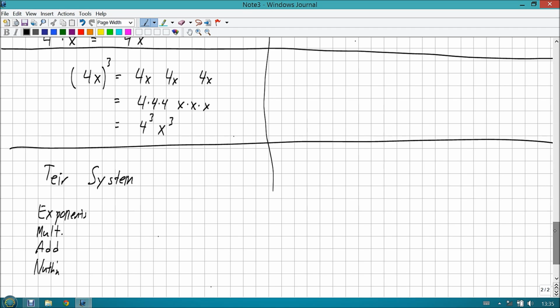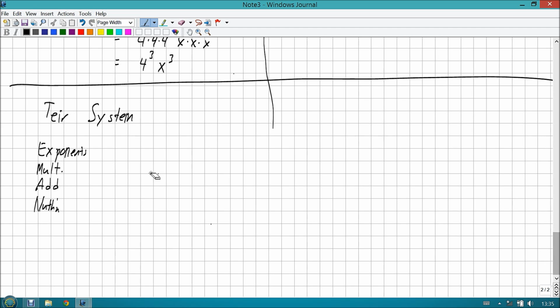Now when I'm dealing with exponents, if I raise a power to a power, what did I end up doing with the exponents? That's right, I multiplied them. For an example, 2 to the third raised to the fifth became 2 to the 3 times 5, which is 2 to the 15th.